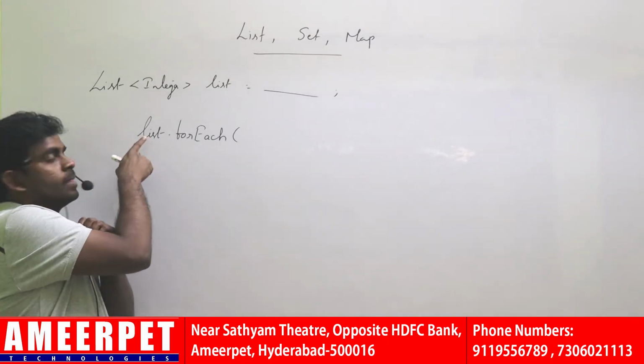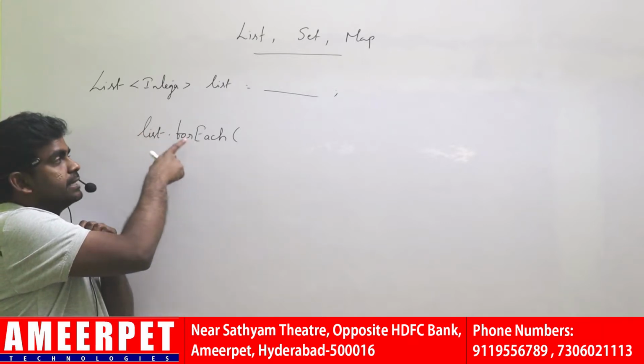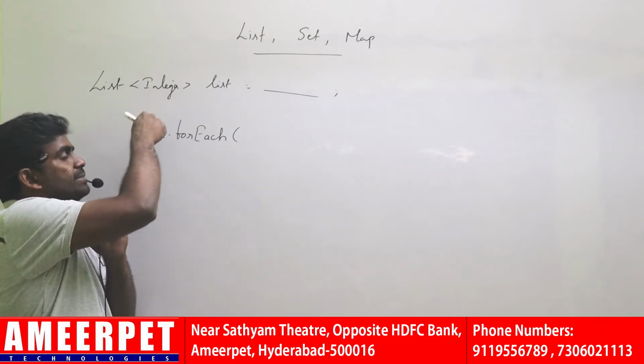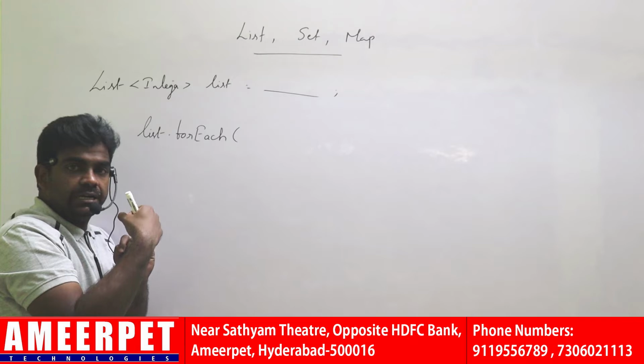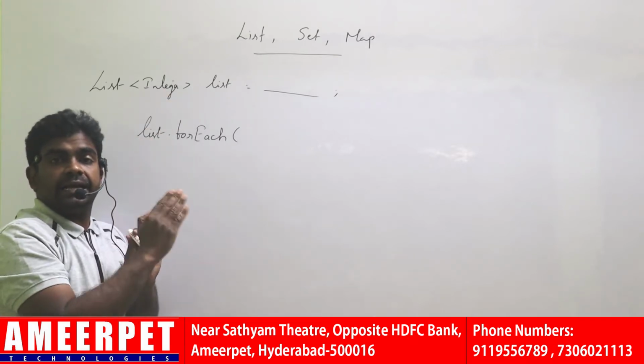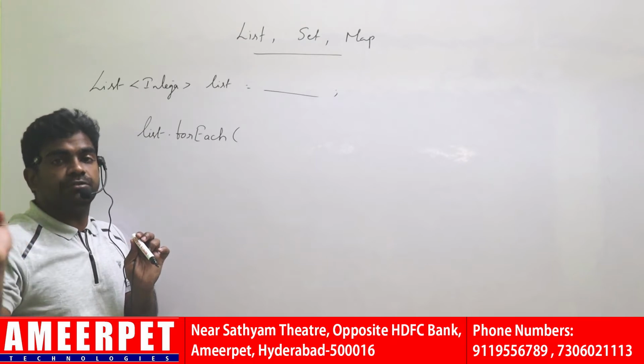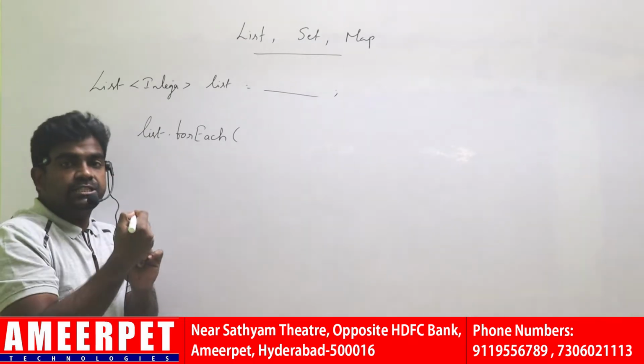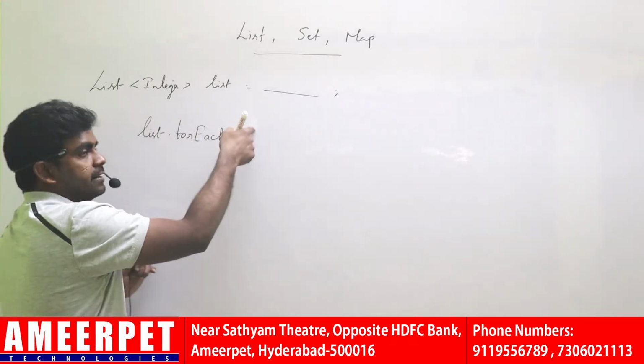That's why we are calling it on the list object. Consider the list contains the values 10, 20, 30, 40, 50. Then each element from the list it will return.